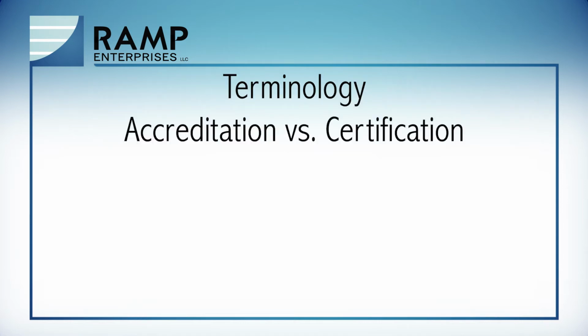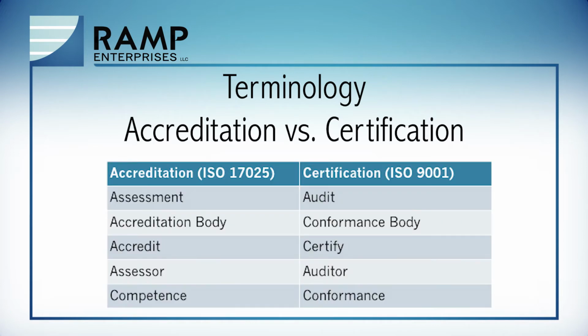Let's talk about terminology. If we're in the 9001 world, we consider the certification process to be initiated with an audit. In the 17025 world, it's considered an assessment. We look to our registrars as the conformance body. In 17025, they are the accreditation body.